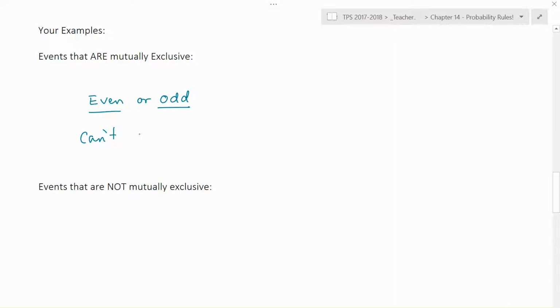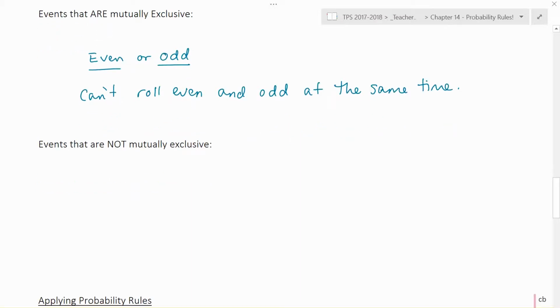For example, we can't roll even and odd at the same time. We could also think of maybe rolling a 5 or a 6 as the outcomes we're interested in. Again, we can't roll a 5 and a 6 at the same time, so rolling a 5 and rolling a 6 are mutually exclusive events.